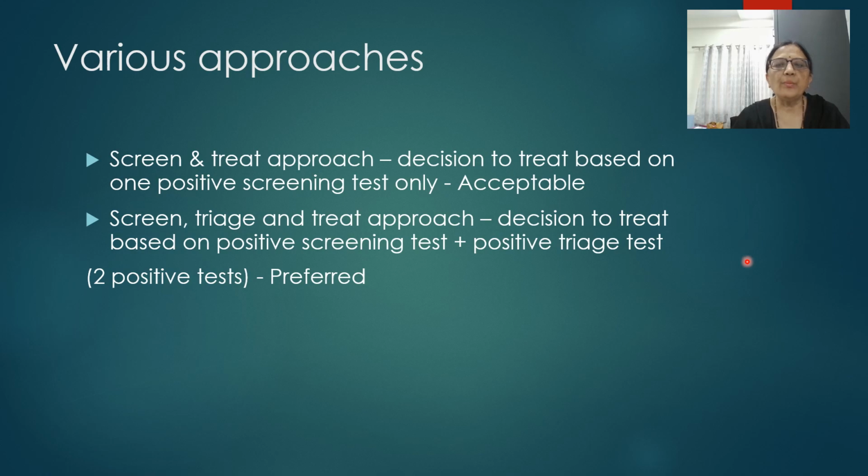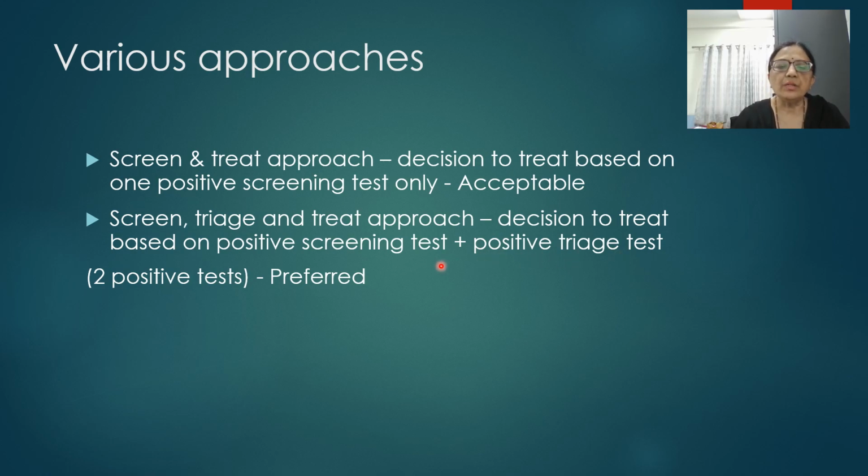There are two approaches. First is called the screen and treat approach, where the decision to treat is based on one positive screening test only. This approach is acceptable, but the preferred approach is the screen, triage and treat approach, where the decision to treat is based on a positive screening test plus a positive second triage test, indicating a high risk for malignancy.